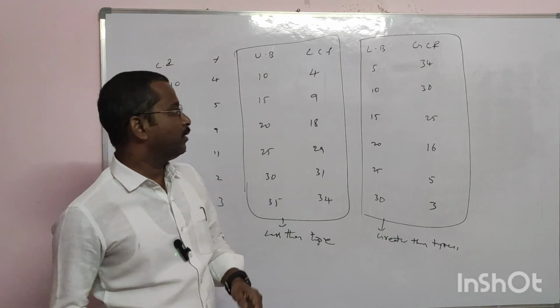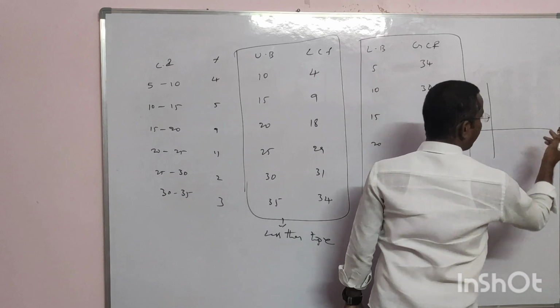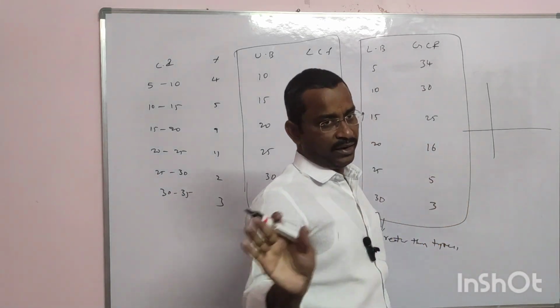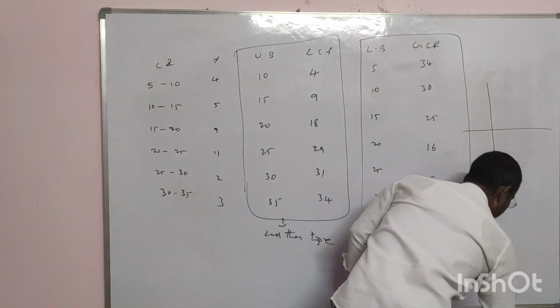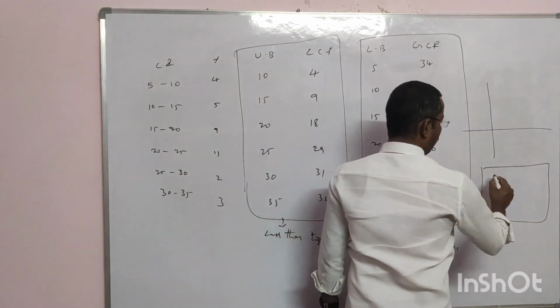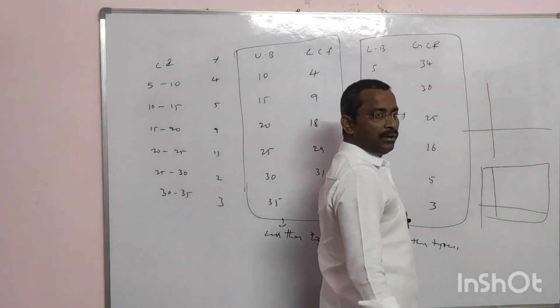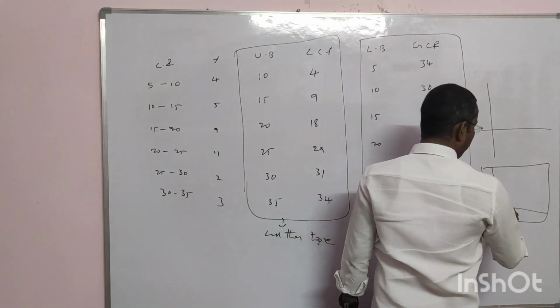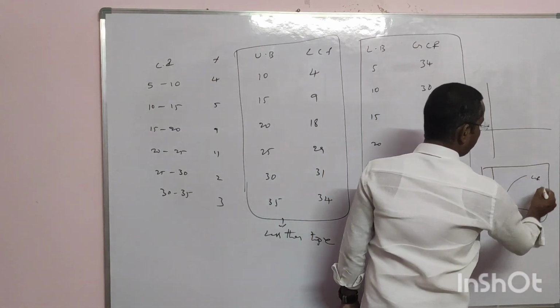Then you will be plotting the points. Definitely you don't expect negative values, so you make the graph like this. For example, this is your graph sheet, at the most left corner, at the most bottom. There always your cumulative will be like this. This is LCF type.